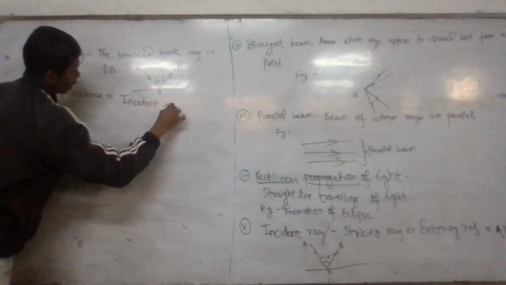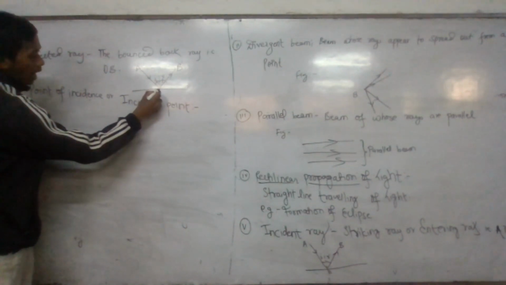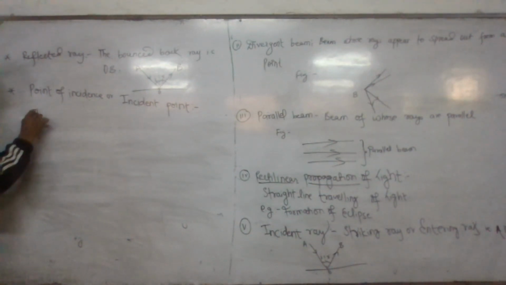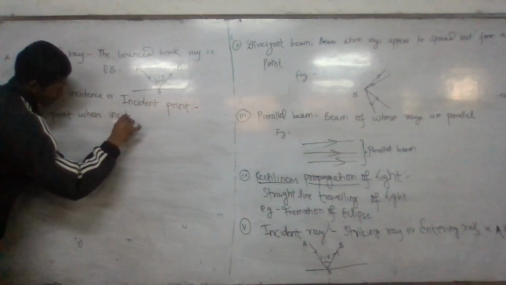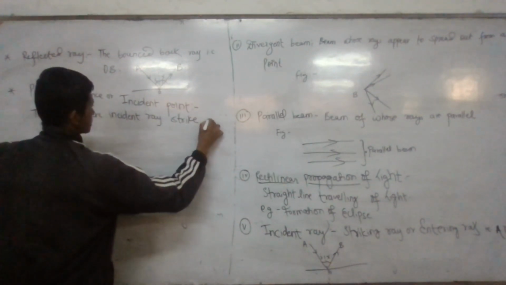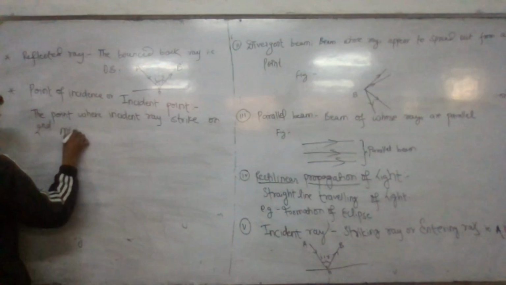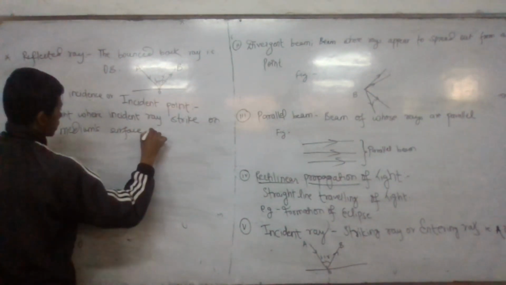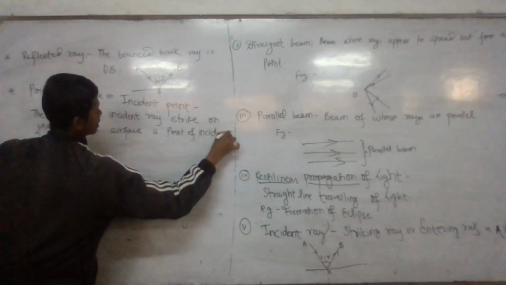The incident point is defined as the point O on the surface of the second medium where the striking ray, the incident ray, strikes. That is the point of incidence.